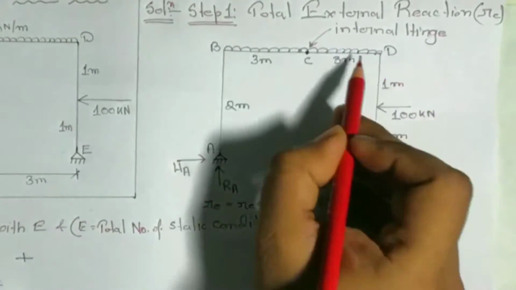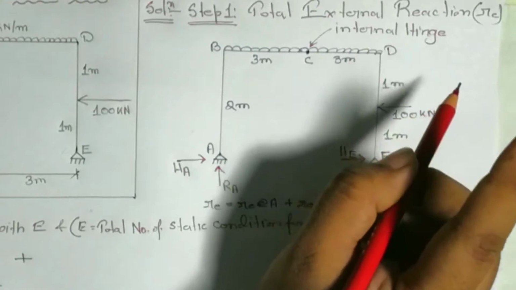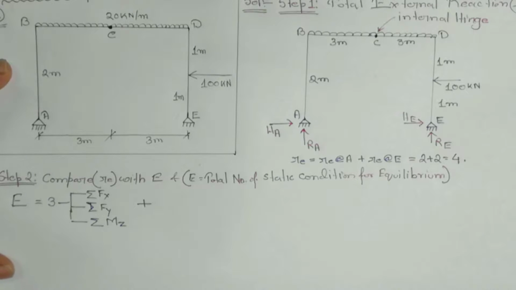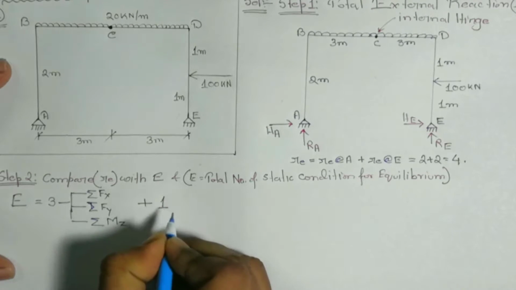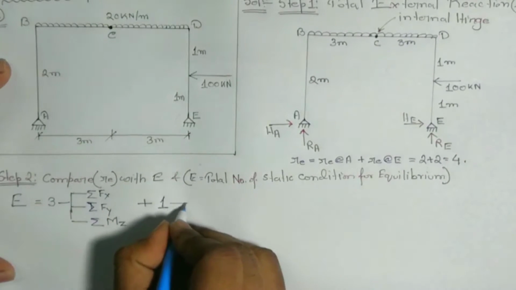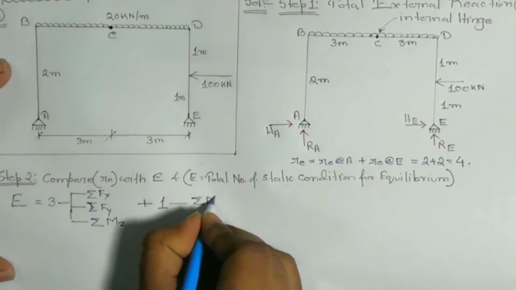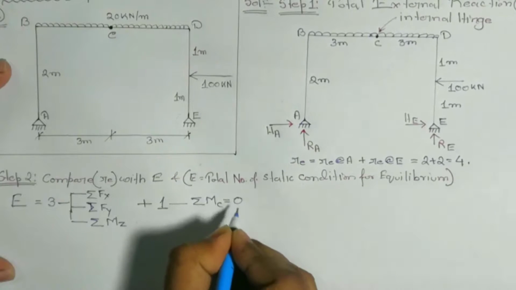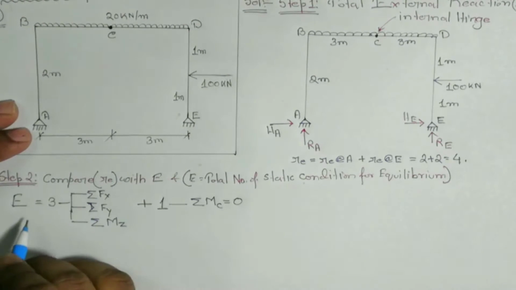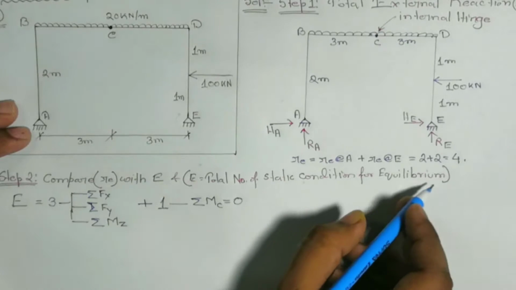for an internal hinge, we get an additional equilibrium condition, that is, the moment at point C will be 0. Summation of all the moments at point C will be 0. So what is the total number of static conditions of equilibrium?